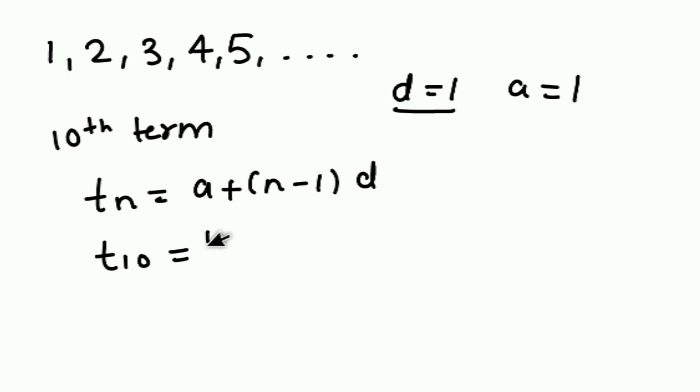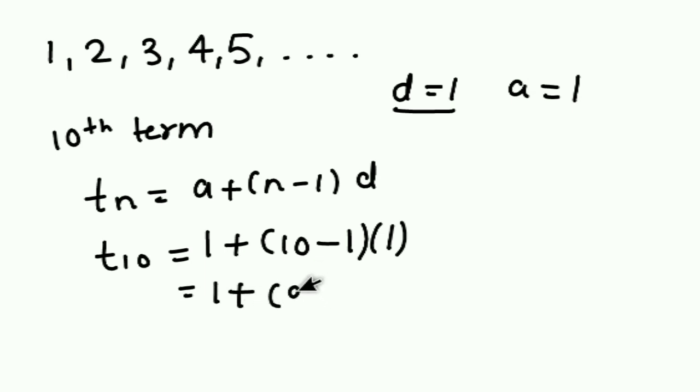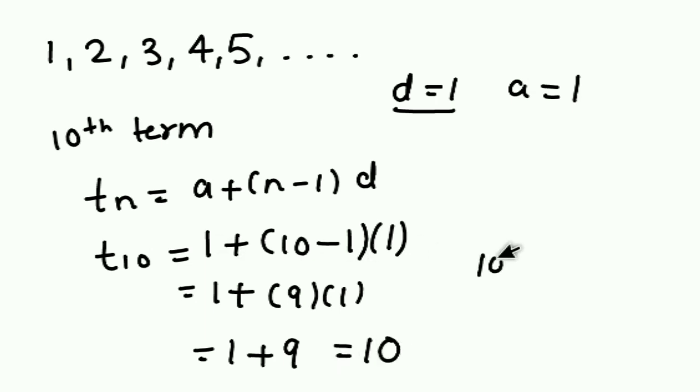First term is 1, and we want the 10th term, so n will be 10. So 10 minus 1 into d, and d is 1. Let's solve this. We get 1 plus 10 minus 1 is 9, times 1. So 1 plus 9 ones are 9, and you will get 10. So the 10th term of this AP is 10.